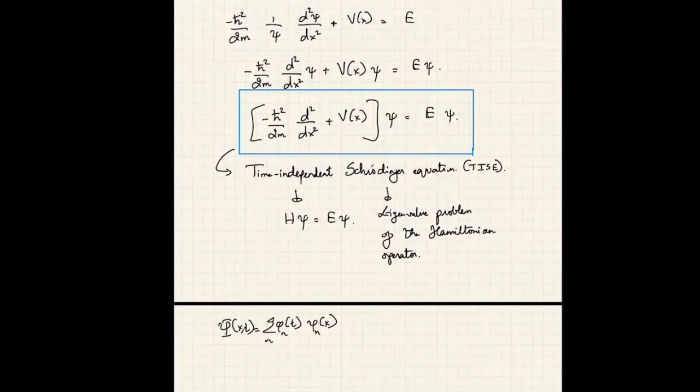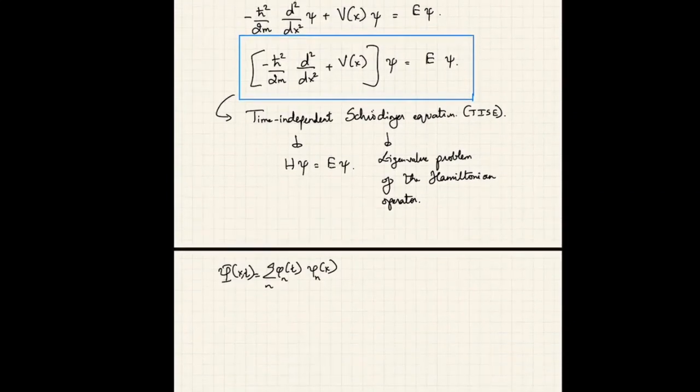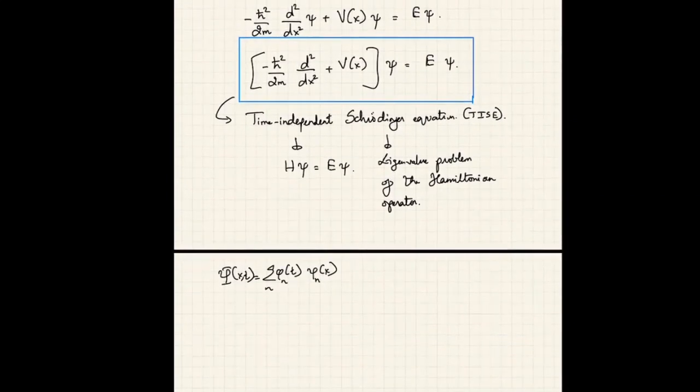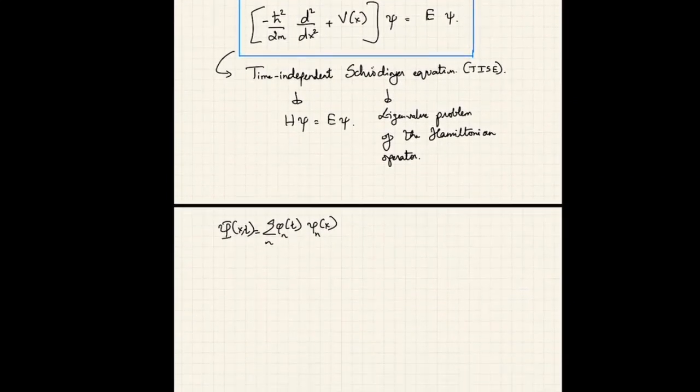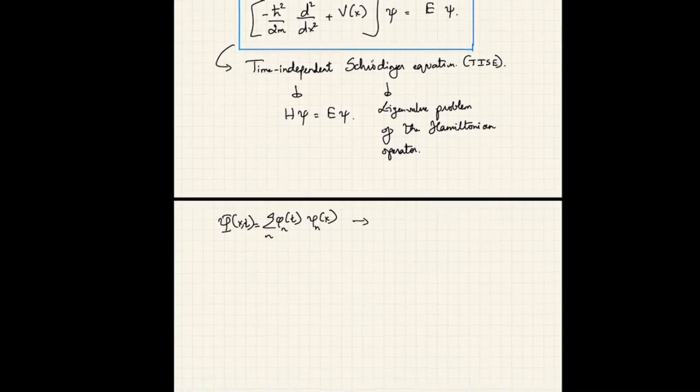The system can exist in many different energy states, each one with specific ψn and φn. And you take a linear combination of all these ψn's and φn's, and this gives you the general solution to the time dependent Schrodinger equation.